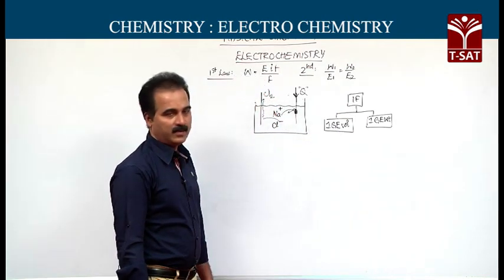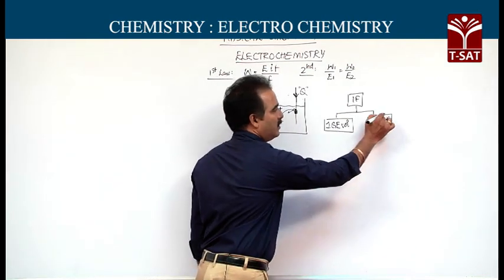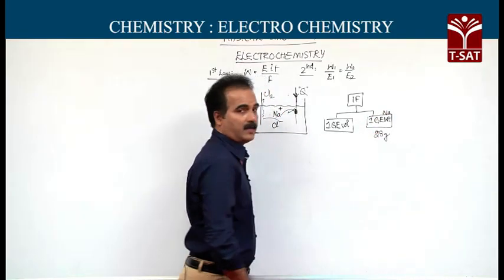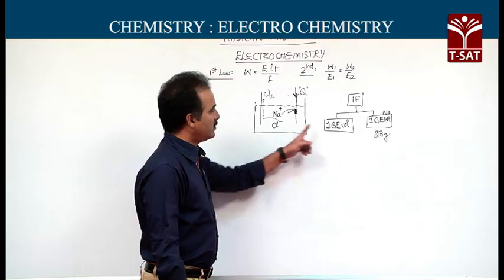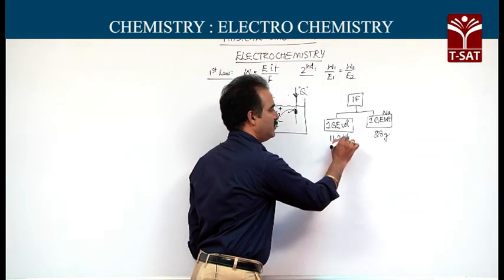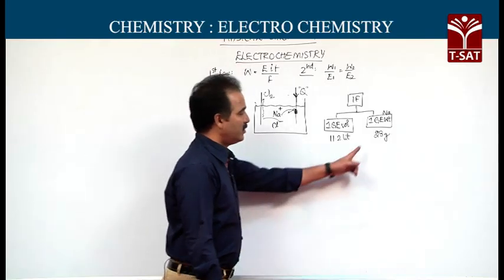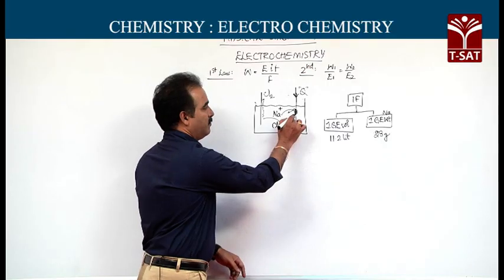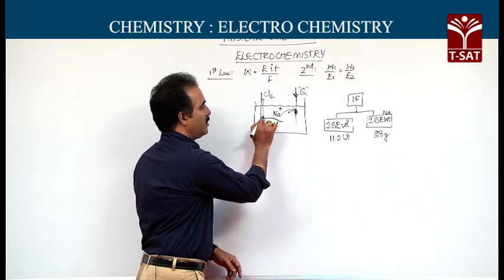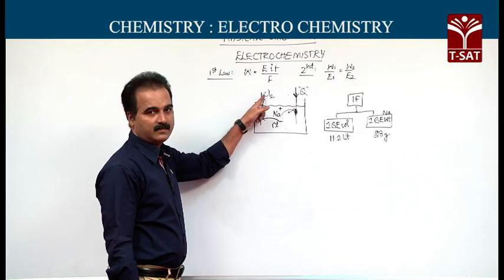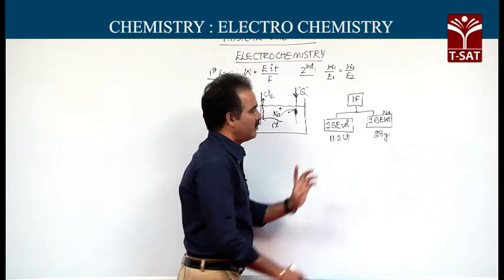The gram equivalent weight of sodium is 23 grams, and the gram equivalent volume of chlorine is 11.2 liters. So every 23 grams of metal deposited will simultaneously liberate 11.2 liters of chlorine gas.